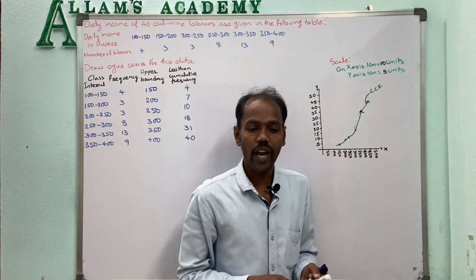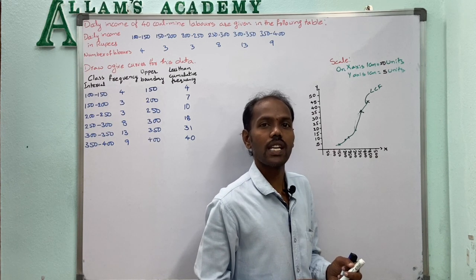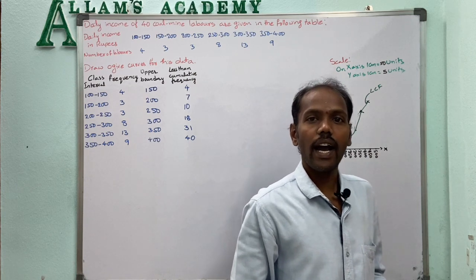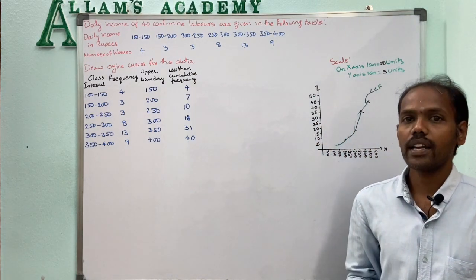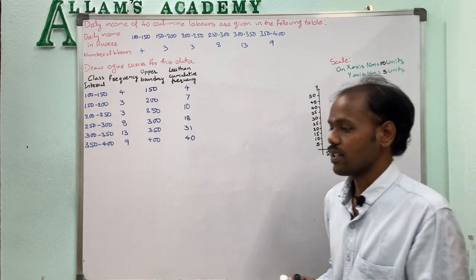For finding the more than ogive, we have to take the lower boundaries and their corresponding greater than cumulative frequencies.